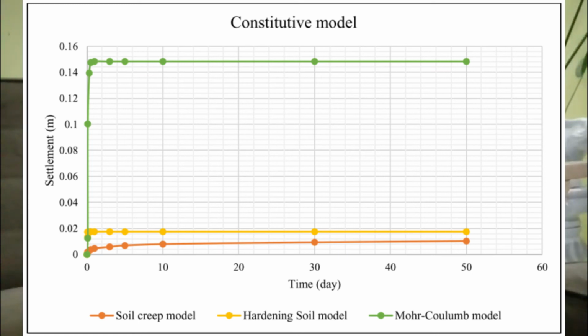The soft soil creep model has lower soil settlement compared to the Mohr-Coulomb and hardening soil models. Other than that, the soft soil creep model continues to settle until phase 10. This shows that this model is also suitable for long-term settlement. Soil settlement is critical and must be properly predicted to avoid future problems.